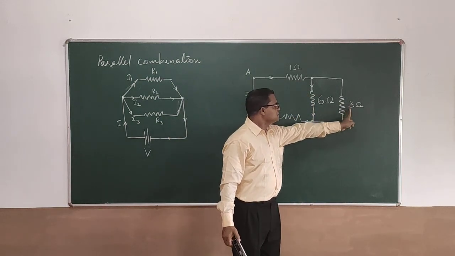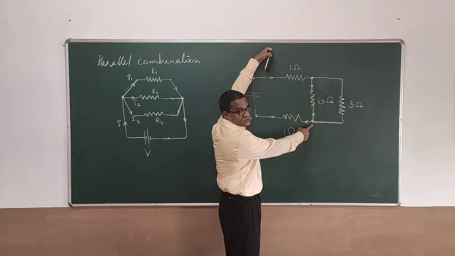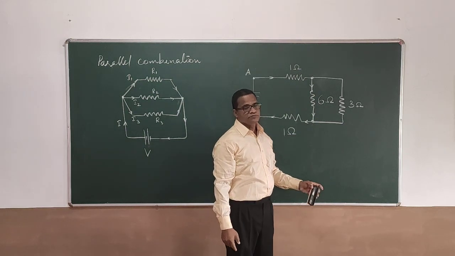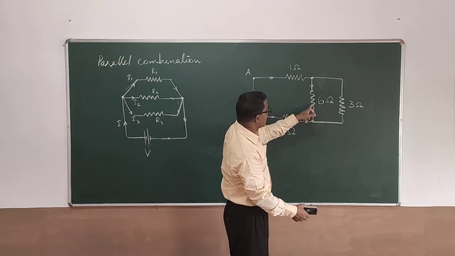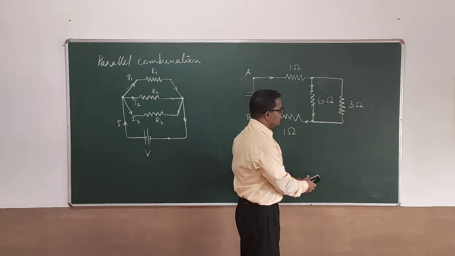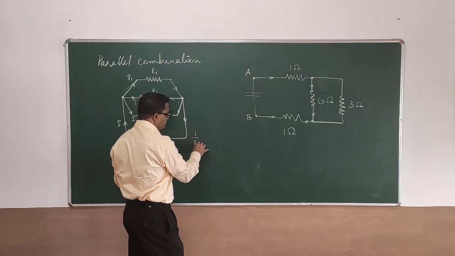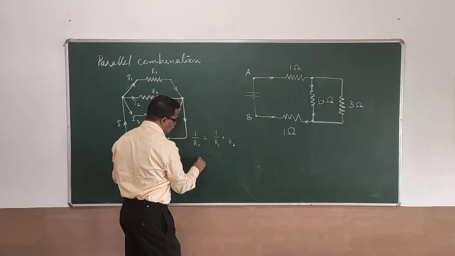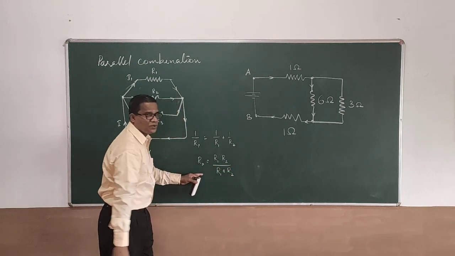Now you see that this 3 ohm and this 6 ohm across these 2 points are parallel. Because this is a common point, they are going to be connected across this. So when these two are in parallel, you can use the equation to find the parallel combination, that is 1 by Rp equal to 1 by R1 plus 1 by R2, or Rp equal to R1 R2 by R1 plus R2. Formula you can see.